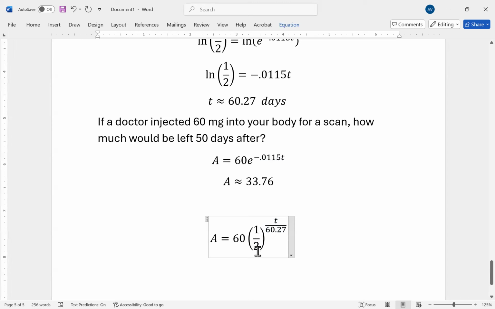Like 1/2 raised to the 1 over 60.27 power is the same thing as e raised to the negative 0.0115 power. Interestingly enough. Again, I would recommend this way since these are not rounded numbers. And I would avoid this way because that 60.27 is a rounded number. But I did want to point out that these are the same things, just written differently.